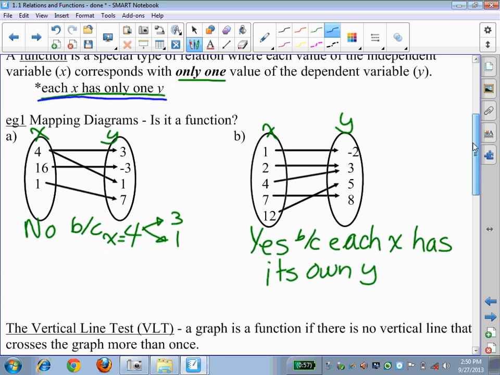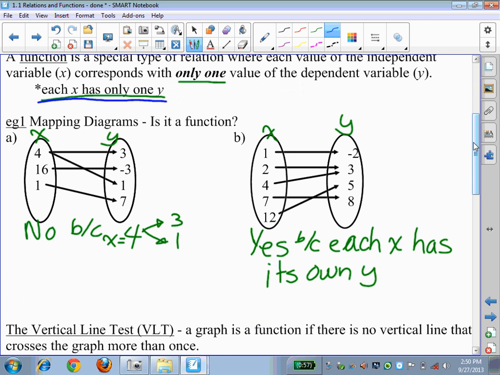Taking a look at a mapping diagram, question: is this a function? Looking at mapping diagrams, folks, it may be new to you, but just think of it as a table of values. Okay? It just looks different. So if we have x, you have an x of 4 and an x of 16 and an x of 1. In each case, does x have its own y?